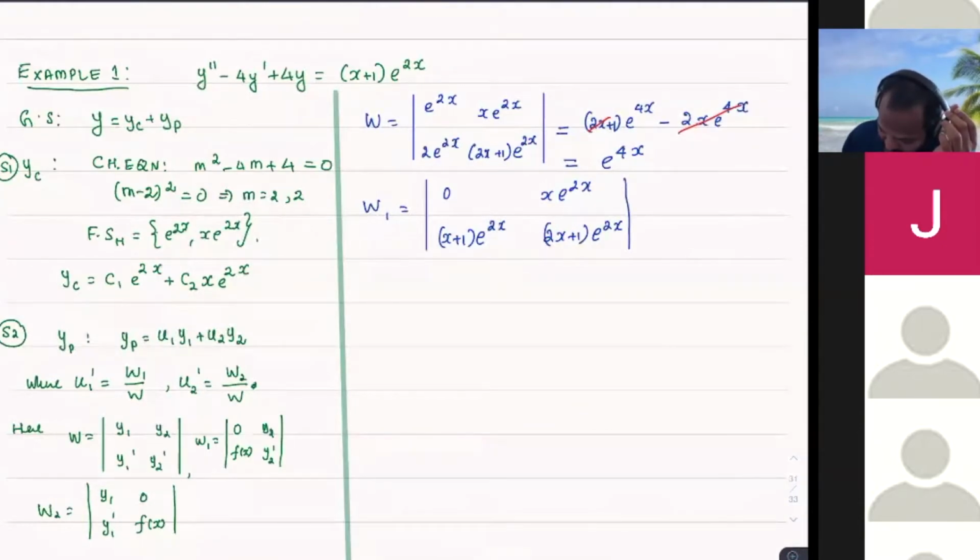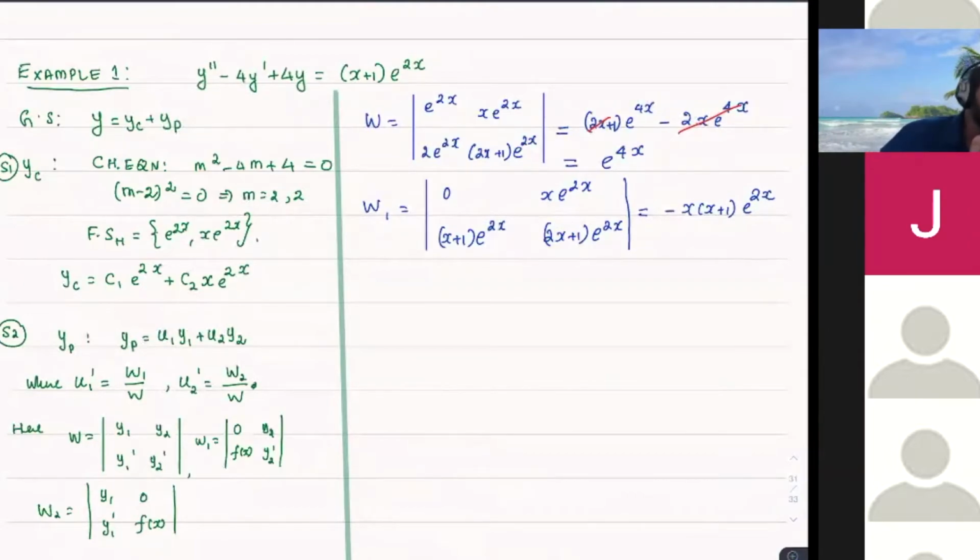And as you see here, when you do the determinant, this would be minus x times x plus 1 e to the 2x, right? Yep, that'll be x times x plus 1 e to the 2x. You're all okay there, right?